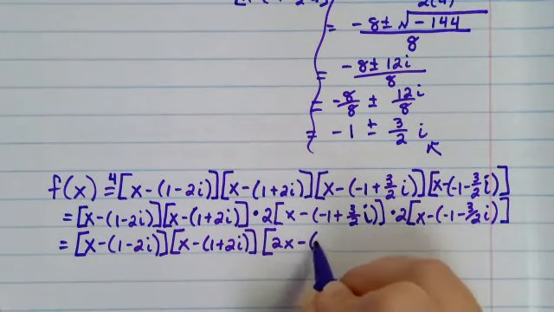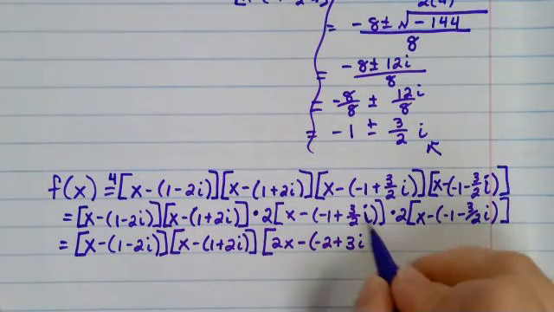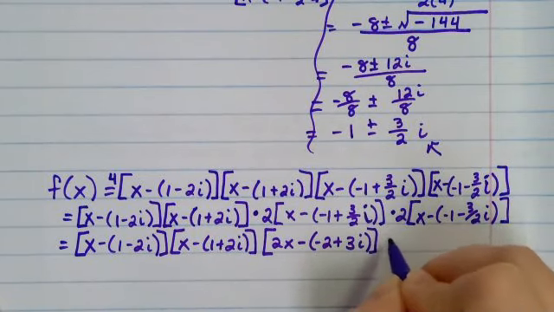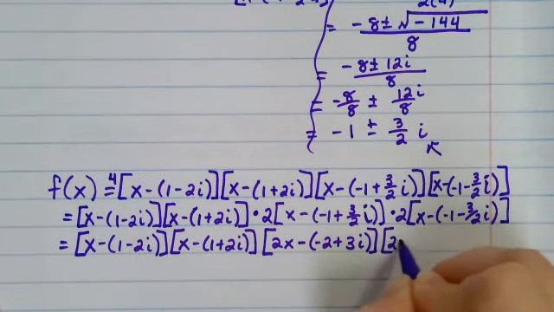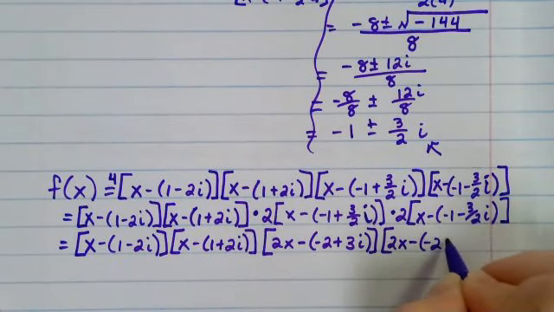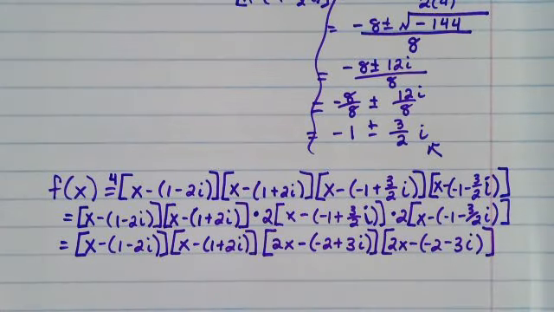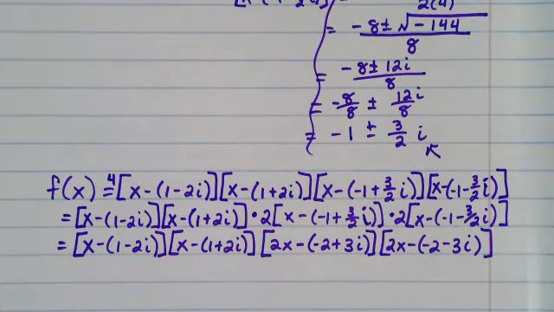So we have negative 2 plus 3i. And then over here, 2x minus, we'll go ahead and distribute it to the next part too, negative 2 minus 3i. And again, the whole point of that was to try to avoid having the fractions. So some people like to see it without that. That's what it would look like.